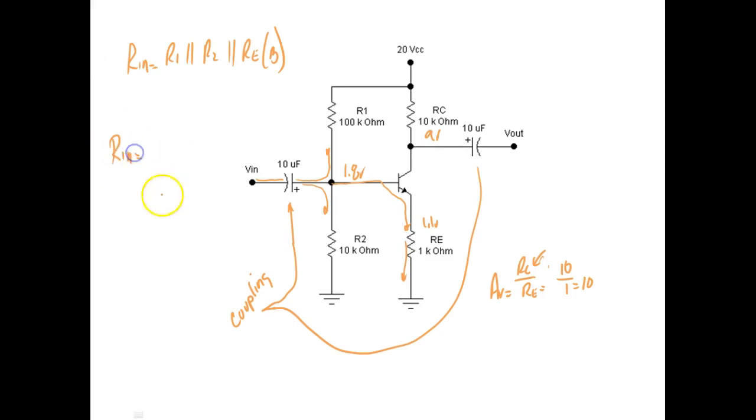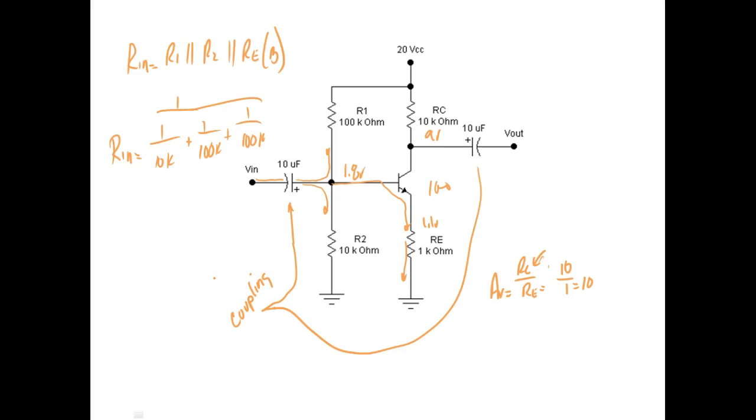So Rin would be equal to 1 over 10K plus 1 over 100K plus 1 over, let's use a beta of 100, plus 1 over 100K. So the input impedance would be around 9K. And that would be what we call the input. So that's what the signal would see.